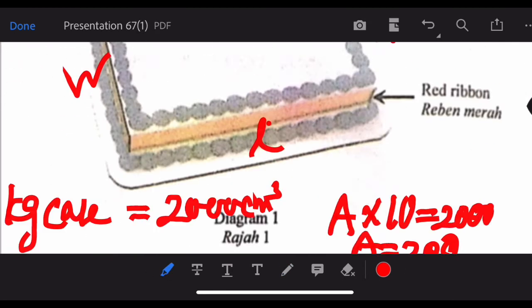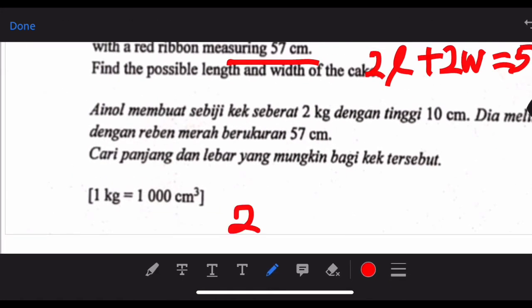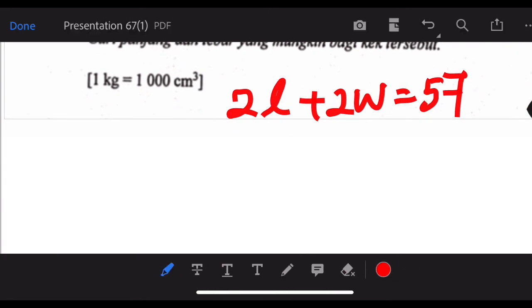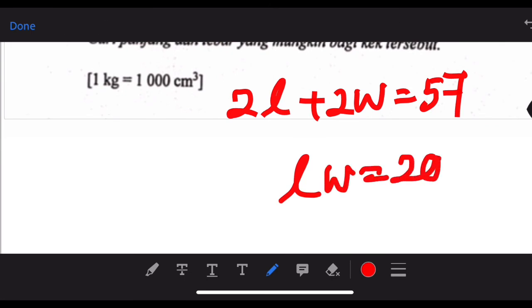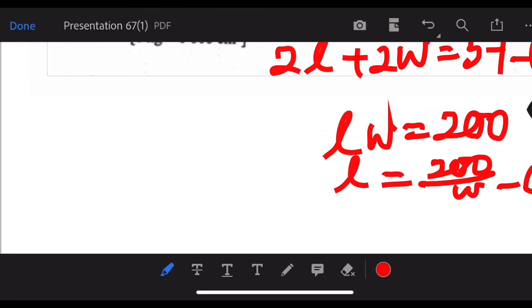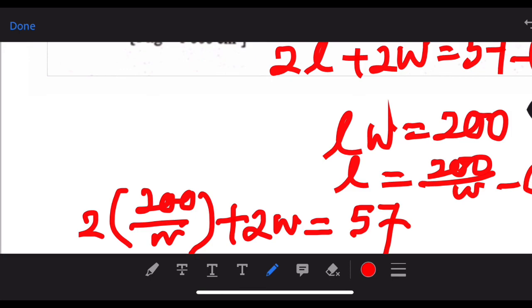You come up with the equation 2L plus 2W equal to 57, and then LW is equal to 200. So let's say L is 200 over W. You substitute 1 into 2, so 2 times 200 over W plus 2W equal to 57, right?